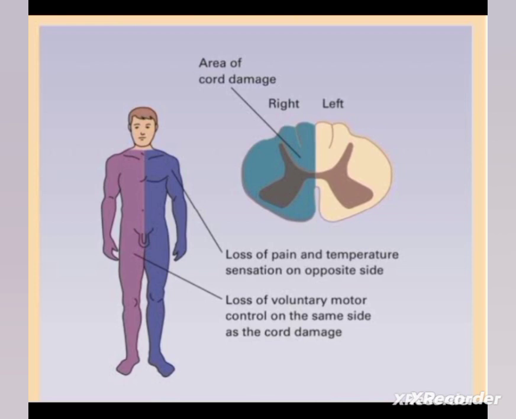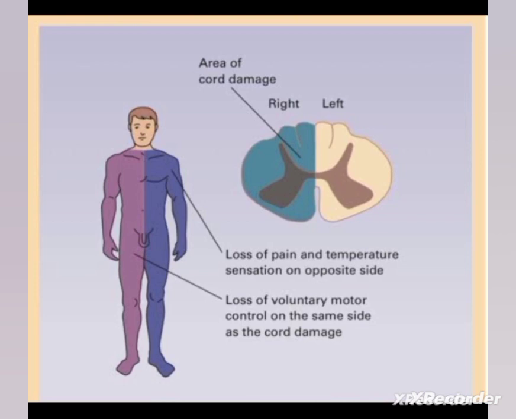The syndrome is characterized by loss of motor function and position, vibratory sense, as well as vasomotor paralysis on the same side, that is, the ipsilateral side. On the opposite side, the contralateral side, there will be loss of pain and temperature sensation below the level of lesion. So that is regarding Brown-Sequard syndrome.